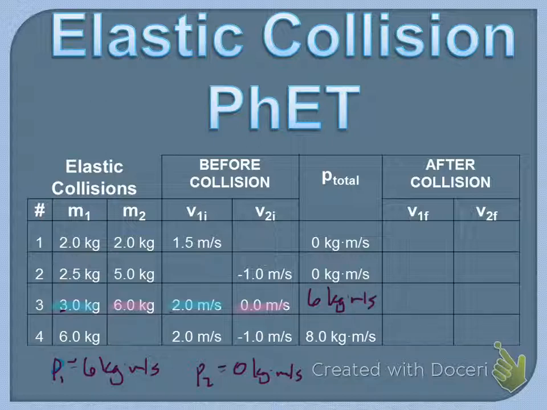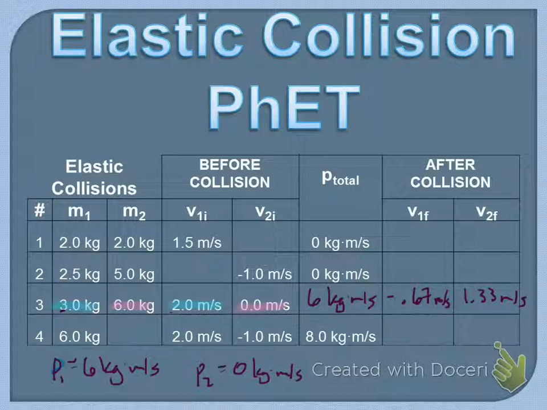Okay, so then we run the simulation and we see what the velocities are after, and we get something different this time. So we get negative 0.67 meters per second, and we get positive for the second object 1.33 meters per second.